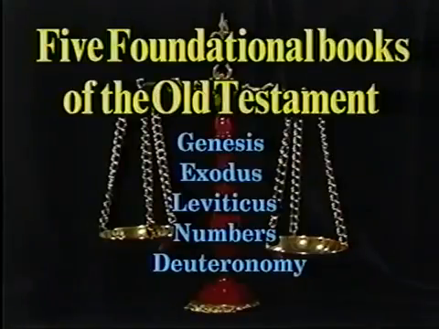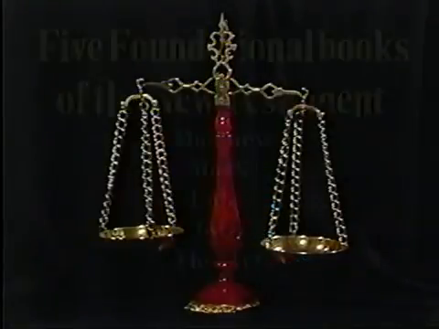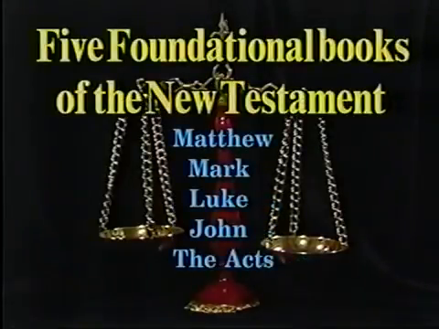So, Gary, this is really fascinating to see all of these comparisons between the New Testament and the Old Testament. It really is, J.R. And the final comparison, the one we want to really sort of camp on today, is the fact that both the Old Testament and the New Testament have 5 foundational books. In the Old Testament, it's Genesis, Exodus, Leviticus, Numbers, Deuteronomy. In the New Testament, Matthew, Mark, Luke, John, and Acts. Those are foundational to each testament.